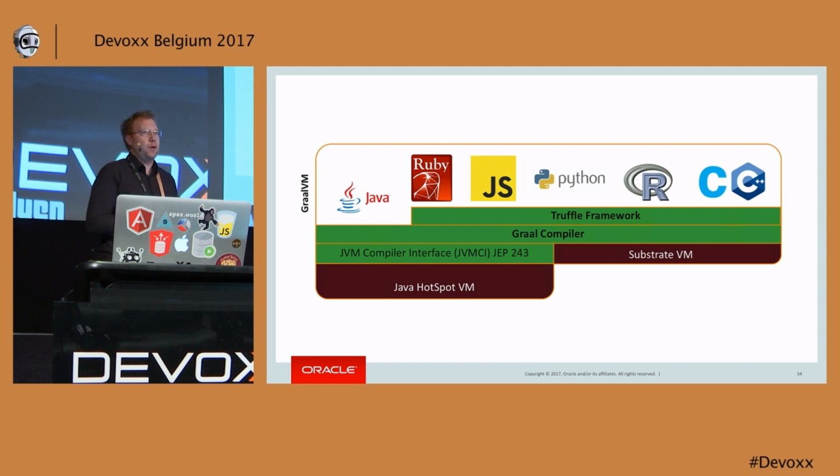But adding the Truffle framework allows us to write language interpreters. JavaScript is one example here. JavaScript is interpreted at runtime on a Java VM, on the GraalVM. Now, that sounds very slow. Interpreting JavaScript should be horribly slow. We all know when you write an interpreter, things are slower than what you can do.